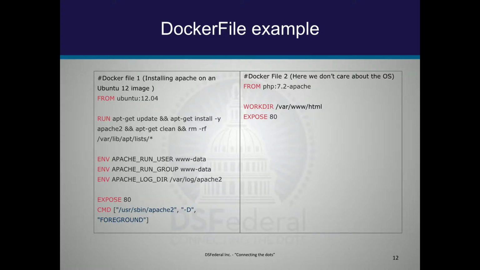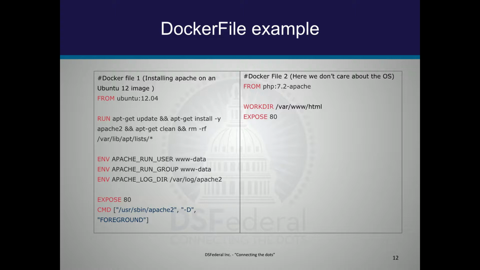The Dockerfile, like I said, is a sequential list of all the commands. Then we are setting up some environment variables with the ENV keyword. We are exposing port 80, and at the end we are running Apache 2 as our foreground service or process. So this is a complete Dockerfile along with the image of the OS.